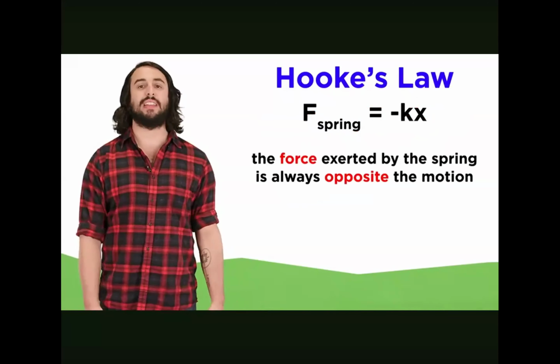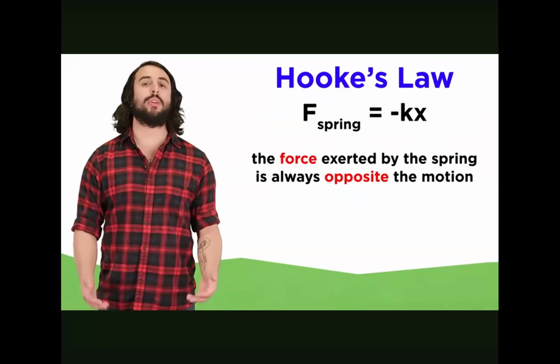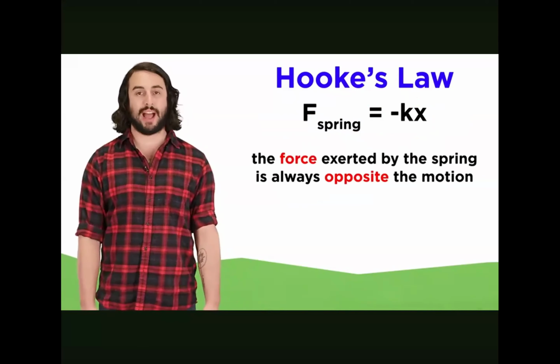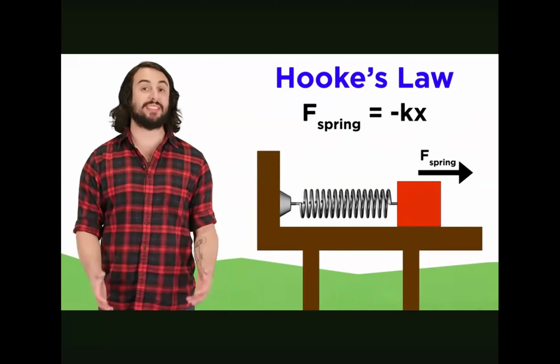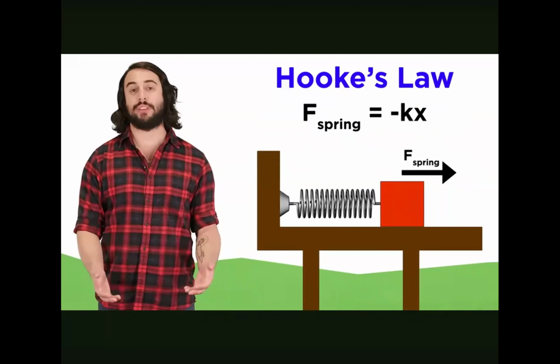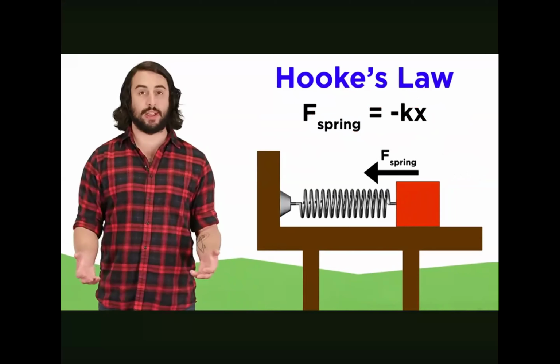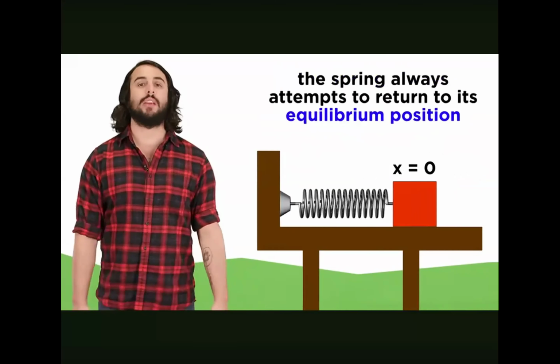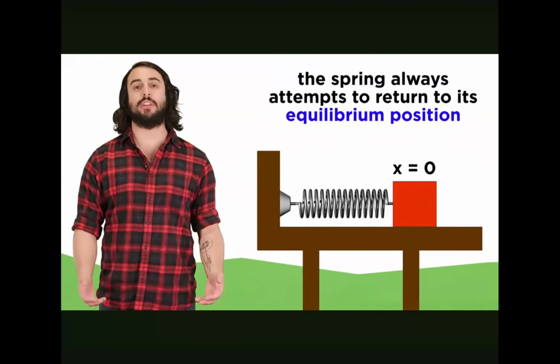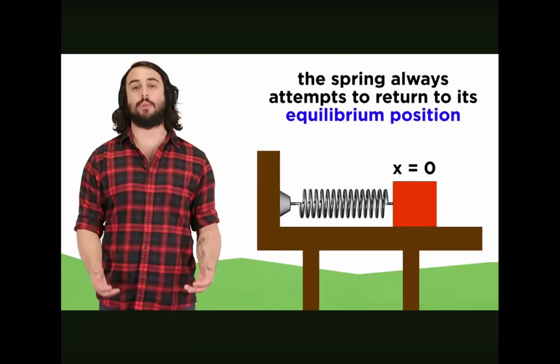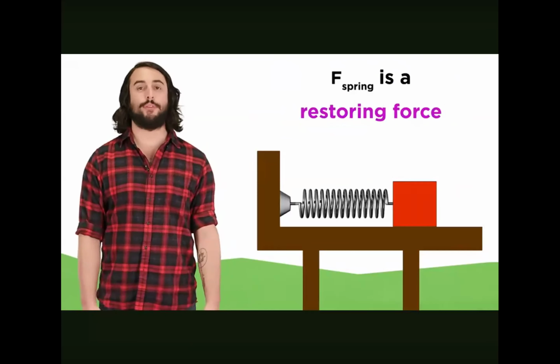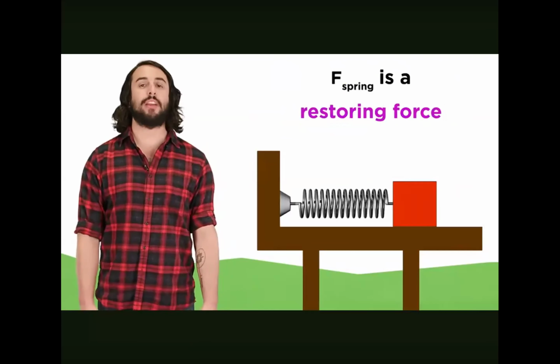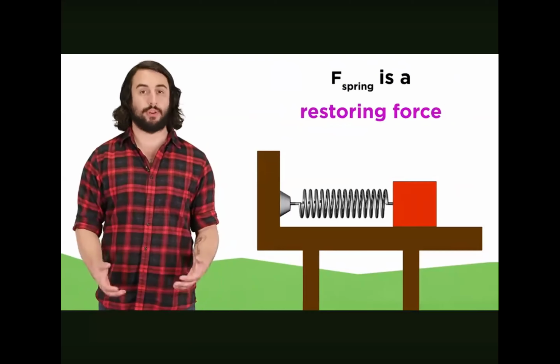The negative sign indicates that the force of the spring is always opposite the direction of the movement of the object. When the object compresses the spring, it will push out, and when the object stretches the spring, it will pull in. In both cases, the spring is attempting to move the object back to its equilibrium position, which is why the force applied by the spring can be called a restoring force.